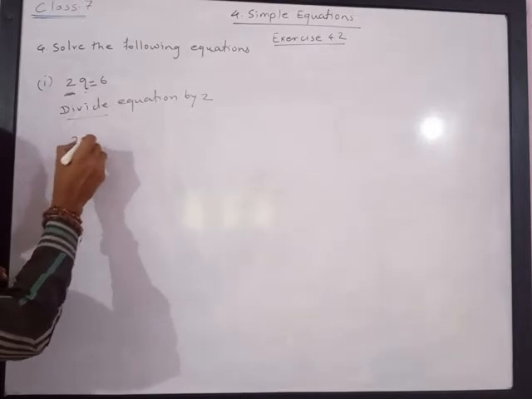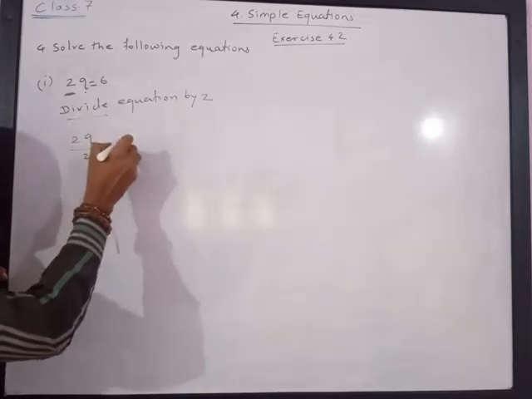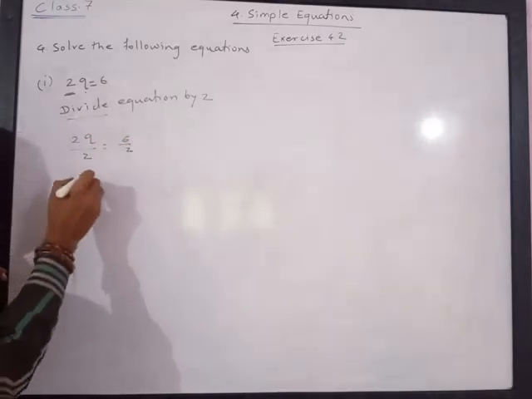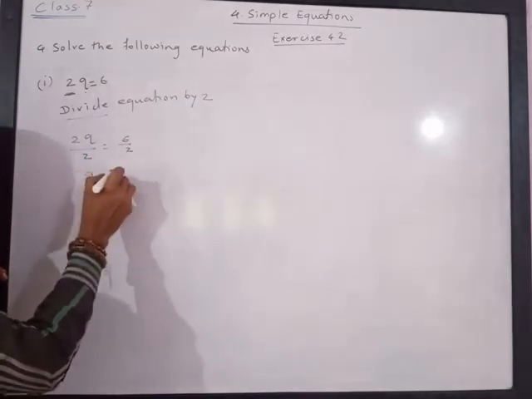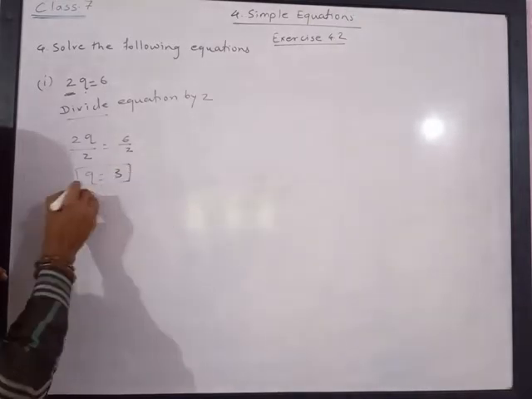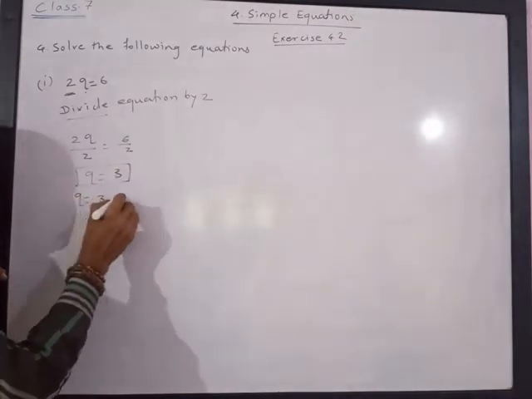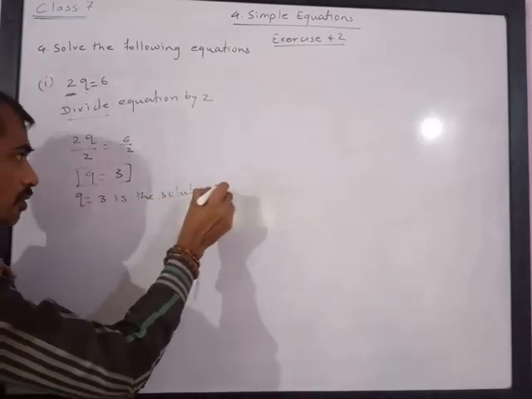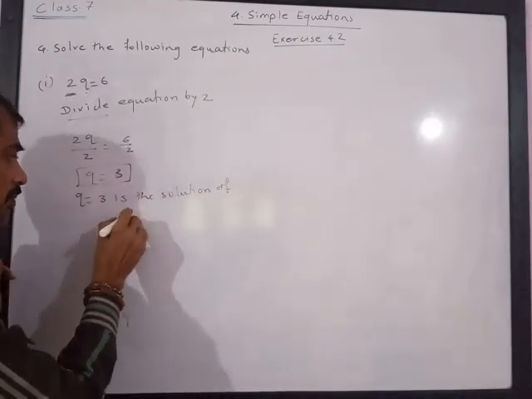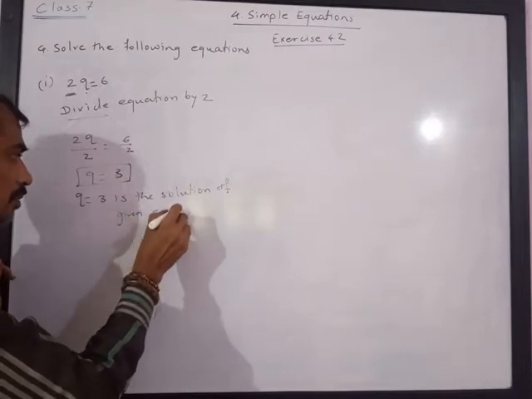So you will get 2q upon 2 is equal to 6 upon 2. So 2 divided by 2 is 1 and 6 divided by 2 is 3. That is 2 3s are 6. So thus q is equal to 3 is the solution of the given equation.